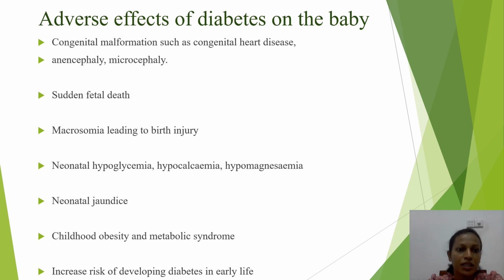Next we see how gestational diabetes is harmful to babies. Congenital malformations such as congenital heart disease, anencephaly, microcephaly. This condition can be identified before delivery using an anomaly scan.